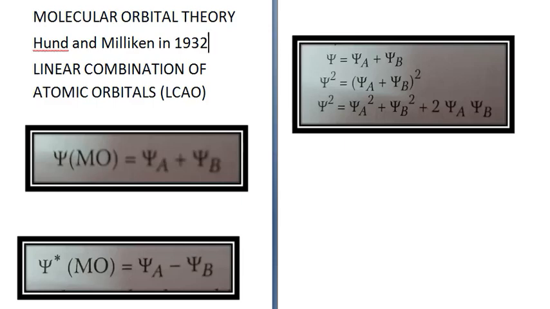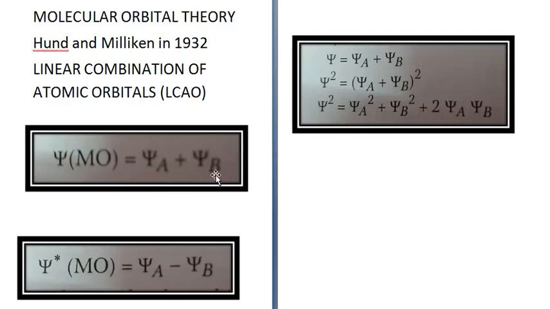Now the molecular orbital which is obtained by addition of wave functions of atoms can be represented as, see here, wave function of molecular orbital is wave function of A plus wave function of B. Okay, now this orbital will be called the bonding molecular orbital.